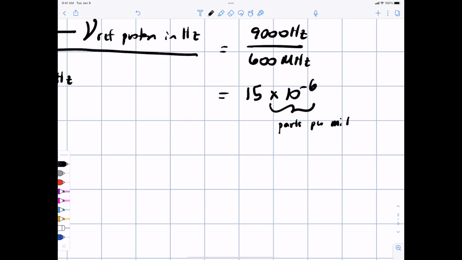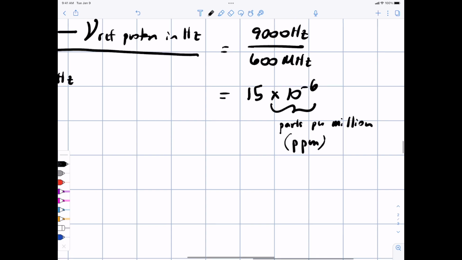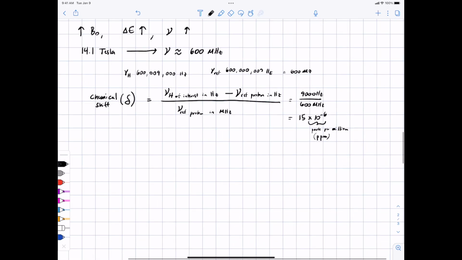I did not make this up, or ppm. So the units we're going to use are these dimensionless parts per million units, and it's just a way of converting a frequency of plus 9,000 hertz relative to the reference proton to something that's really easy to say, which is 15 parts per million.